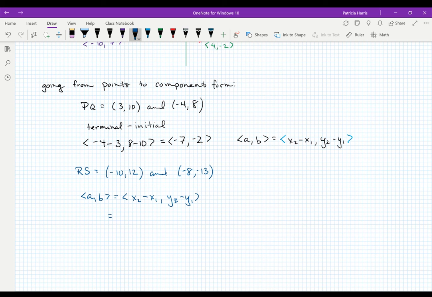So we're going to go -8 minus a -10, and then a -13 minus a 12. So then we have 2 and then -25. And then we're done. Okay, so remember, if you are written in component form, your initial point is automatically 0, 0.